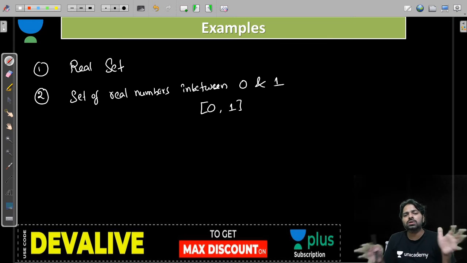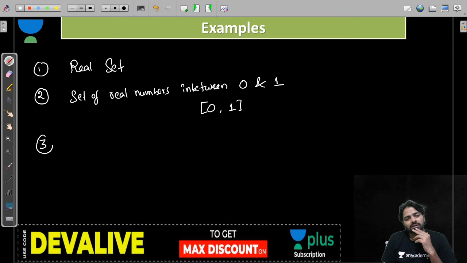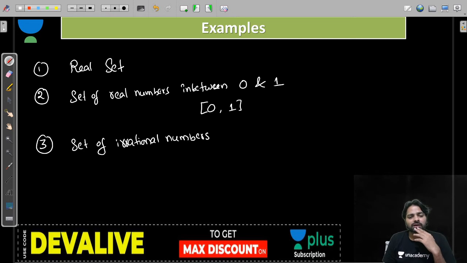In between these two numbers you cannot count them, you cannot enumerate them. Third, the set of irrational numbers. Rational numbers you can do, there is the logic. I am not explaining it here, but you can try and find out. Irrational numbers are also uncountable.